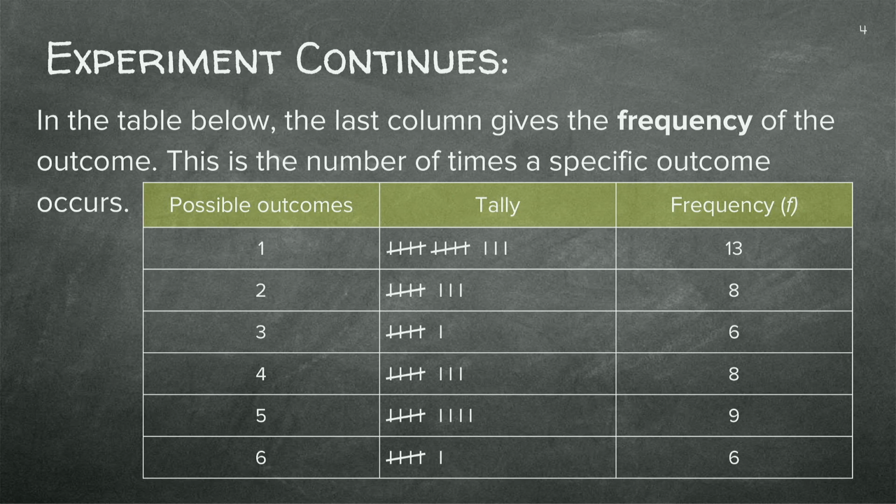So the possible outcomes, it will land on 1 at the top, 2, 3, 4, 5, or 6. And remember tally, can you remember tallies? That is when we group data in groups of 5. And the frequency that it landed on 1 was 13, on 2, 8, and 3, 6, and so on.